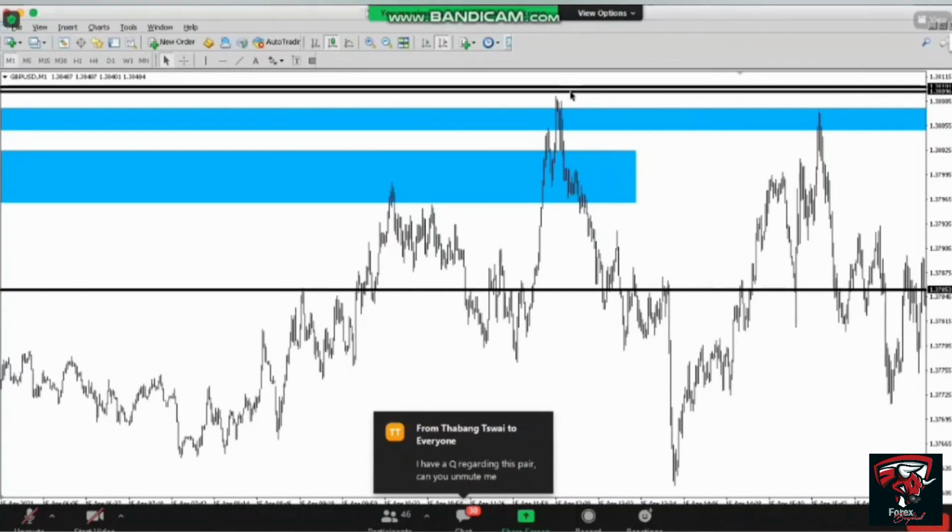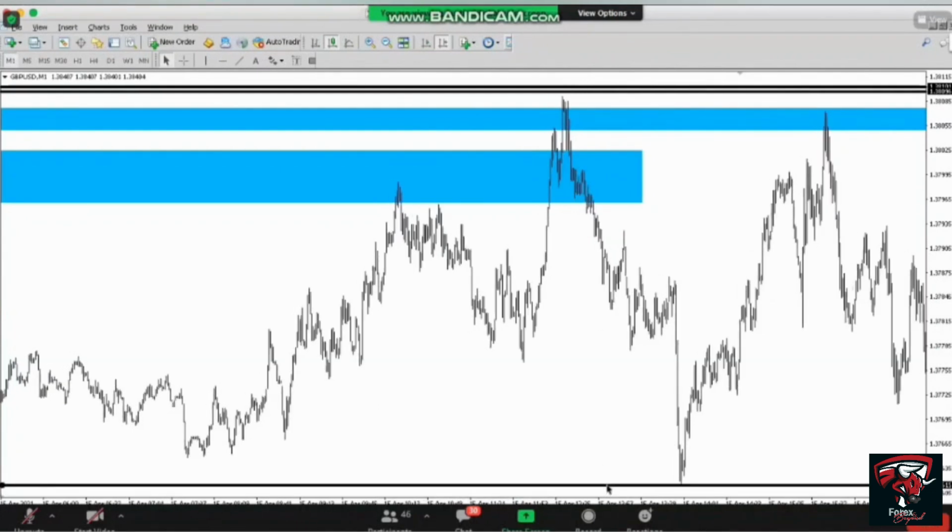Imagine $50 here as your stop loss inside there, and the market shot down till here.